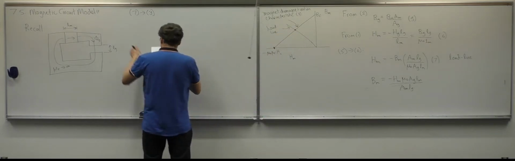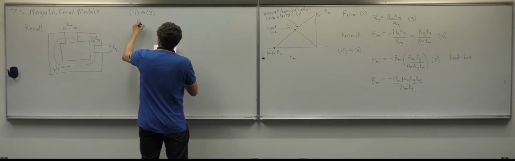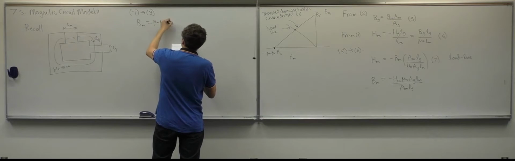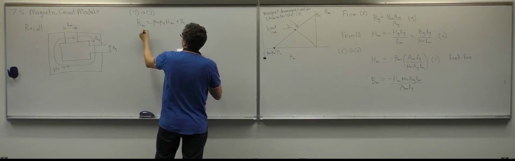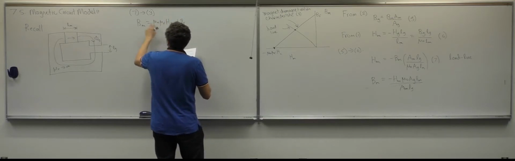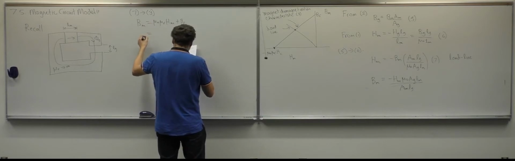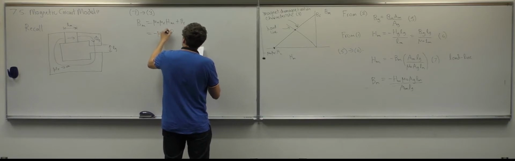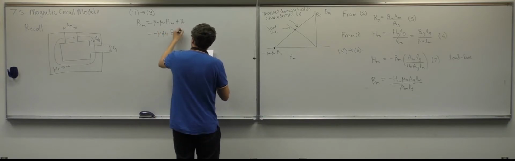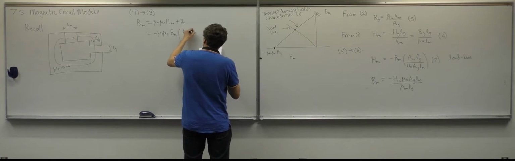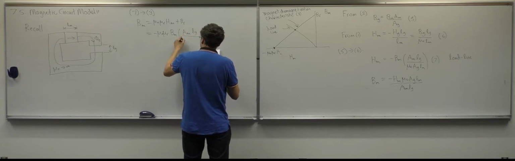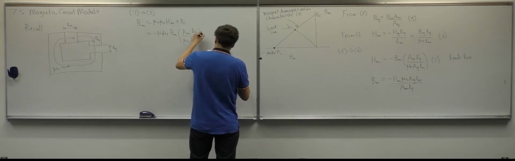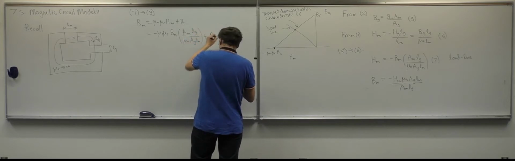Then Bm is equal to mu naught mu r Hm plus Br. So if we substitute 7 into 3, we get minus mu naught mu r Bm Am Lg divided by mu naught Ag Lm plus Br.